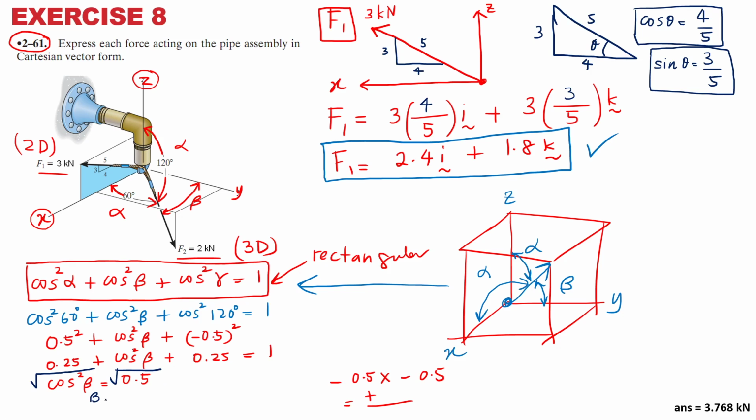So cos beta is equivalent to plus minus square root 0.5, which is 0.7071. What do we do now? This is actually cos beta, right? Cos beta.